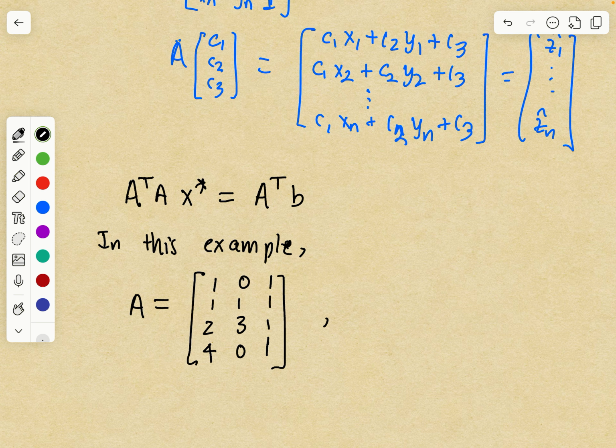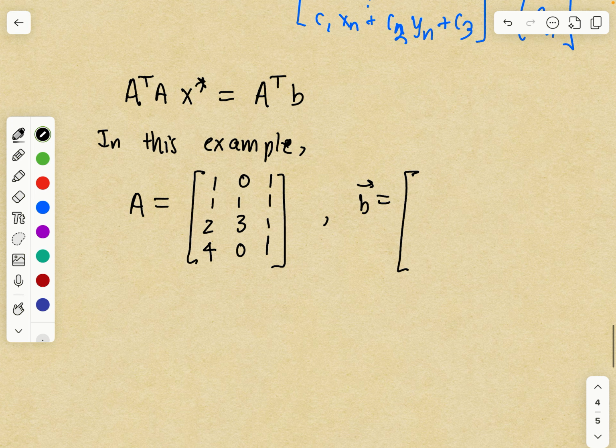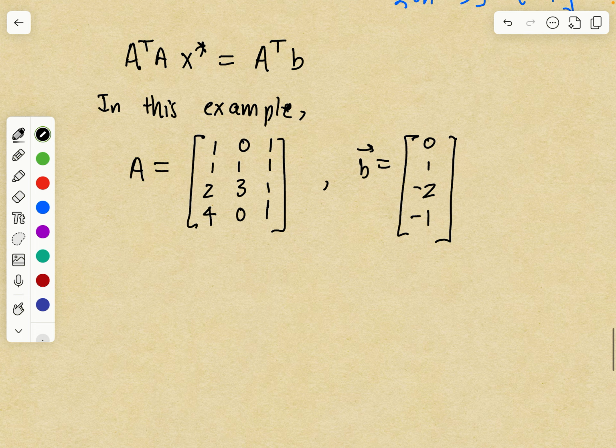And b is the vector consisting of the zi's, and that's going to be (0, 1, -2, -1). And now we have to solve for x star.